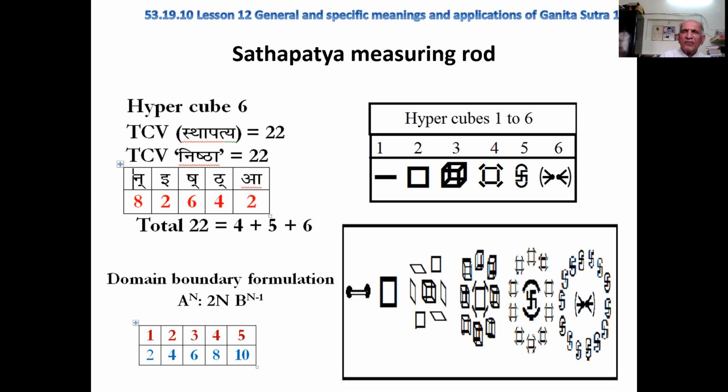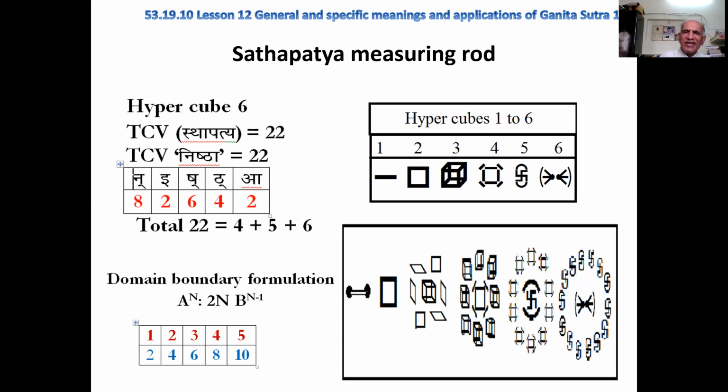The one formulation which is being pointed out specifically at this phase and stage itself is Sthapatya, and its TC value 22, which is parallel with the TC value of Nishtha, and the same is the summation value of hypercube 6 fourfolds, and this takes us to Sthapatya miring rod.